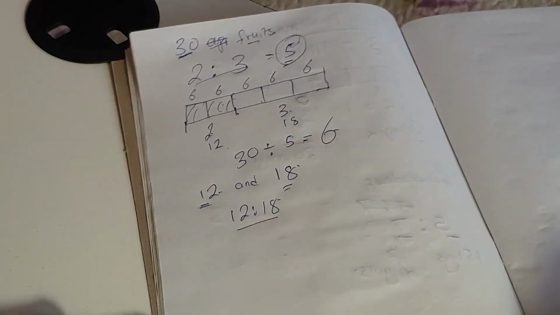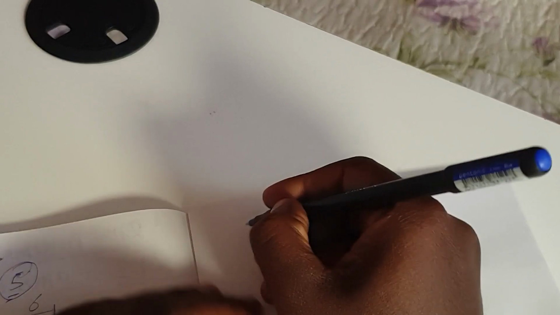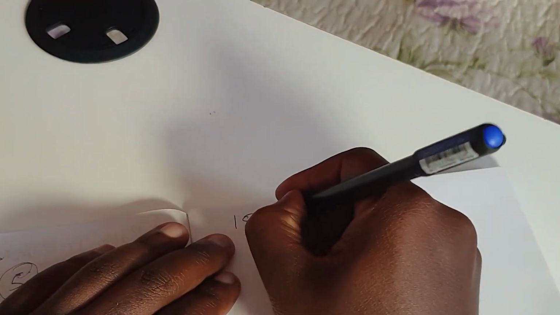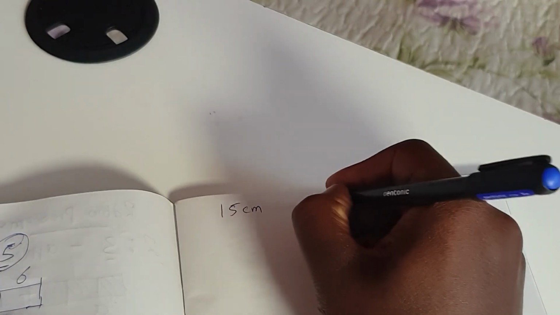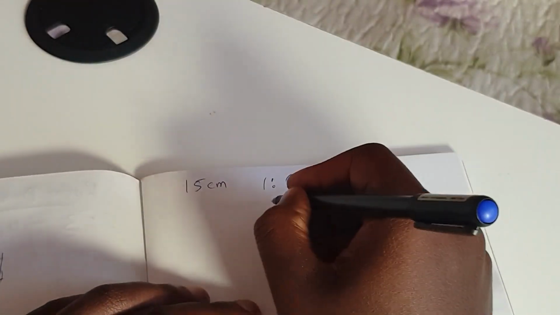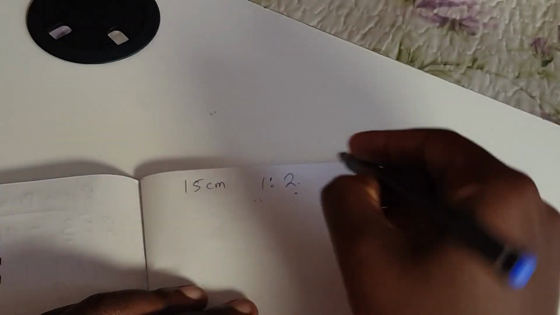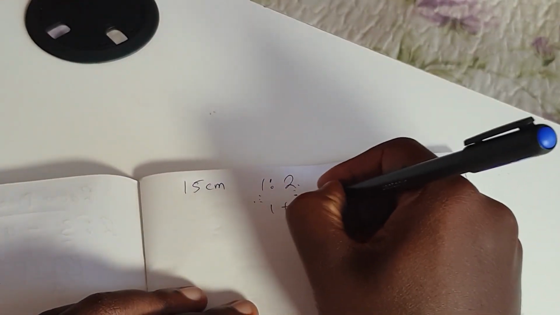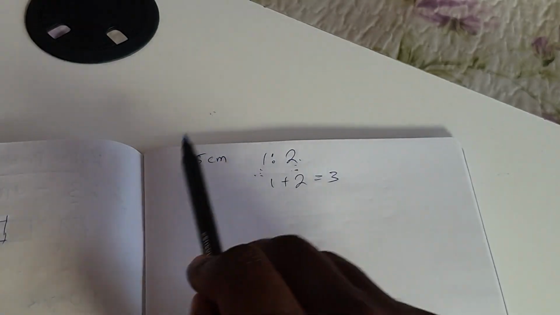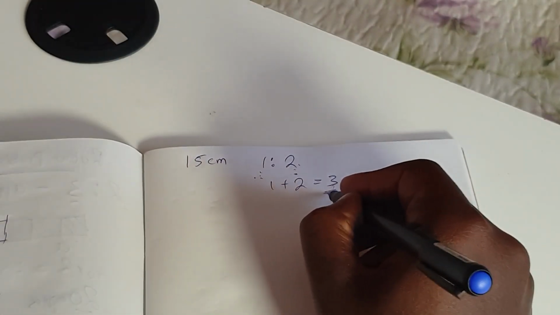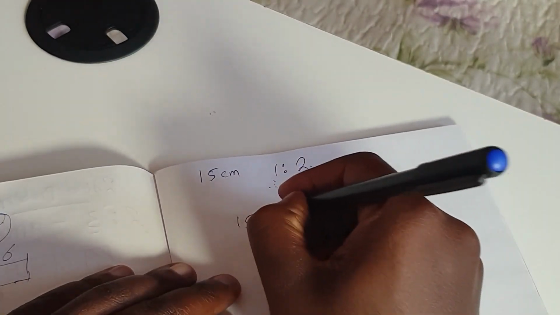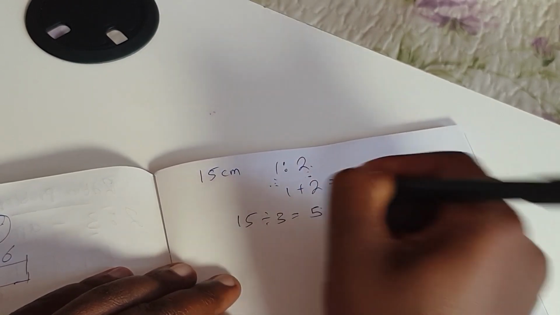Here's another example. You're told to share 15 centimeters in the ratio 1:2. How do you share that? Again, you start with the total number of units in your ratio. And the total number of units here is 1 plus 2, which is 3. So we're sharing 15 centimeters among 3 units, which is 15 divided by 3, you get 5.